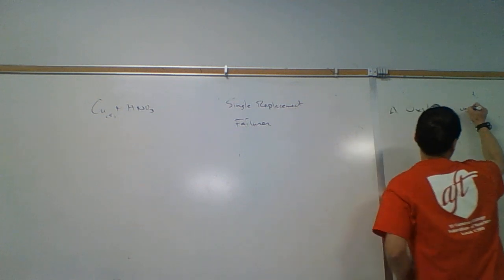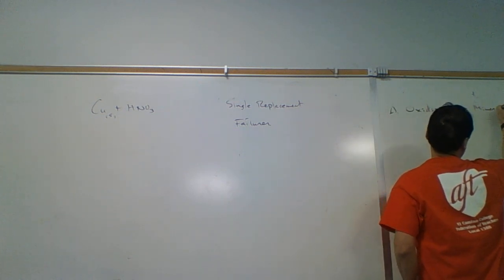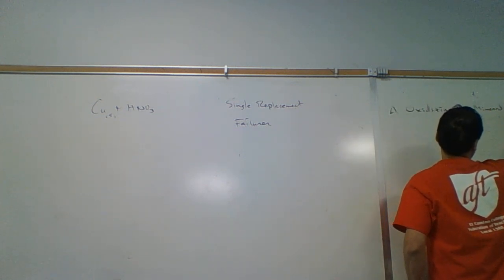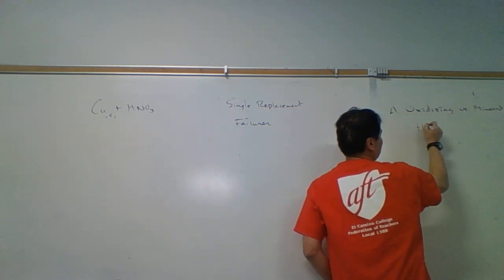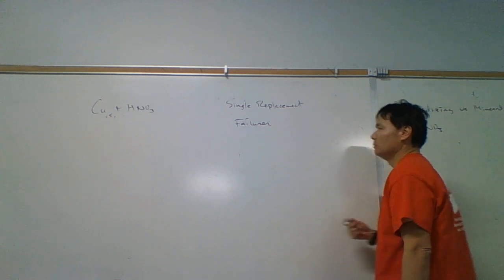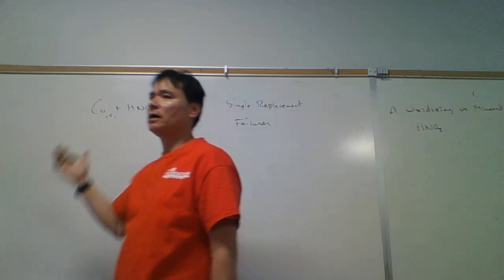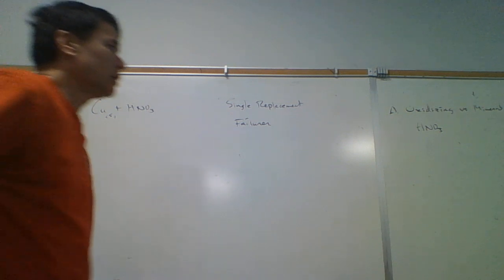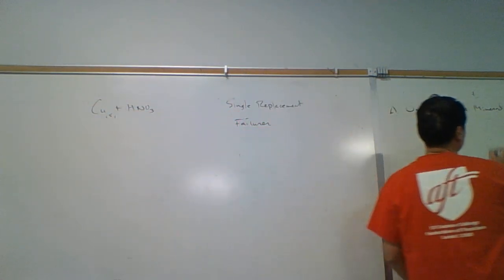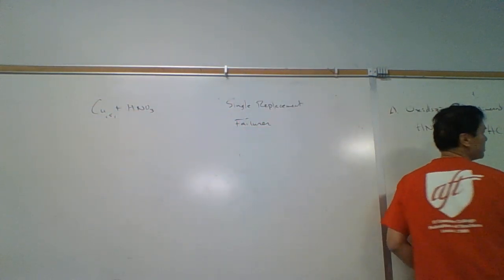Oxidizing versus mineral acids. An example of an oxidizing acid would be nitric acid. I already knew this is going to fail because I'm using an oxidizing acid. And oxidizing acids are a little different than mineral acids. Mineral acids would be like HCl.